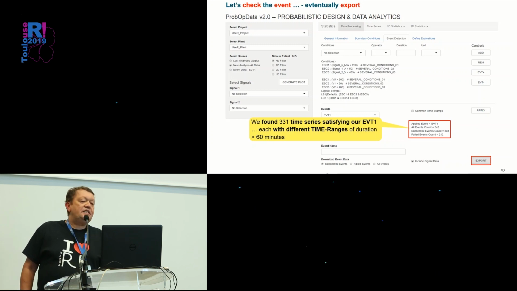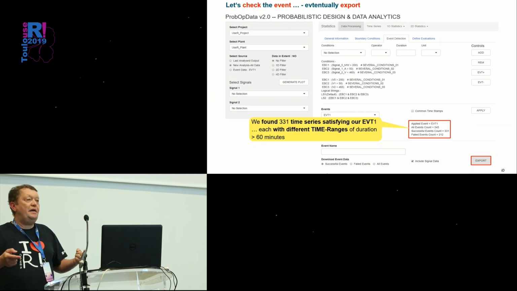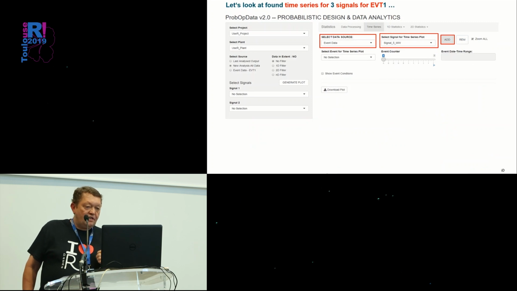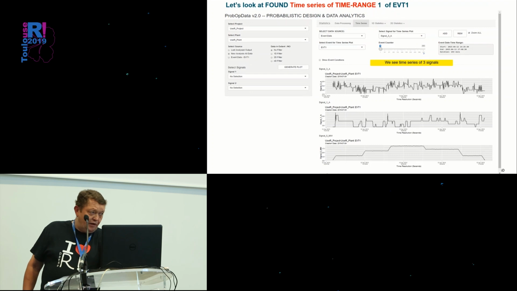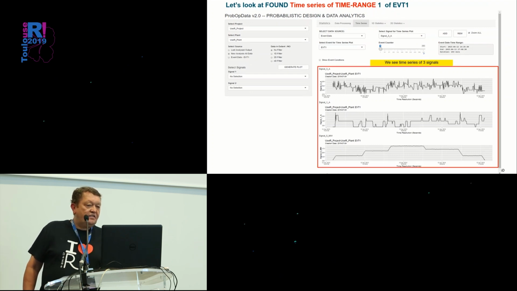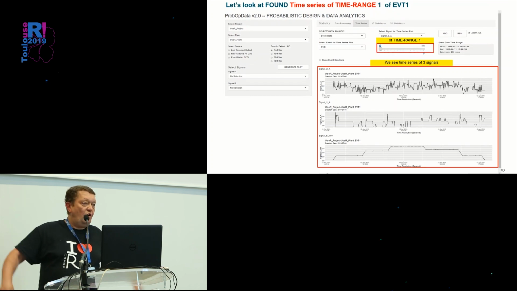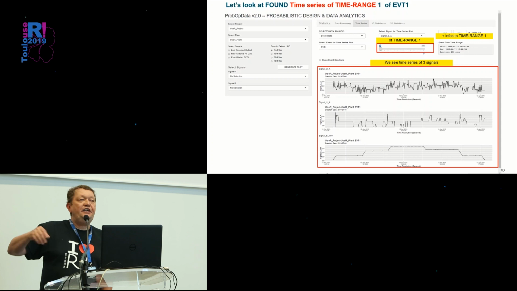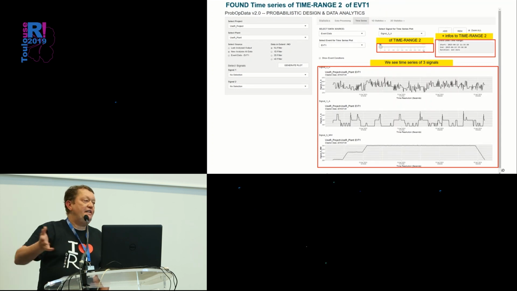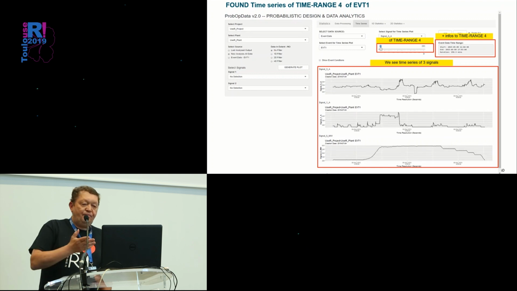And they satisfy this event, which we want now to investigate, maybe for pattern recognition. So we look at three signals, and here we see the time series for this event. It's a class of patterns which we will then use for neural networks to recognize errors in a plant, for example.